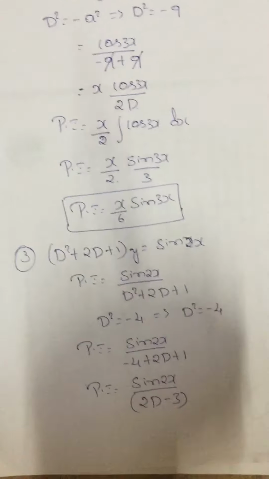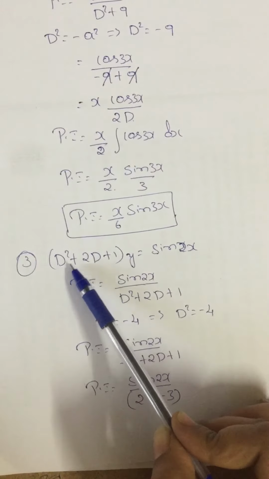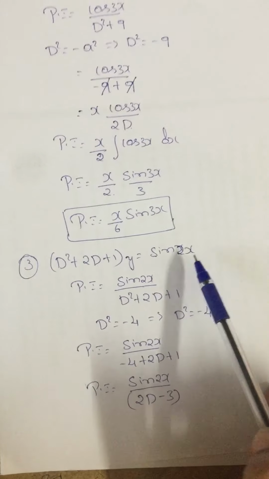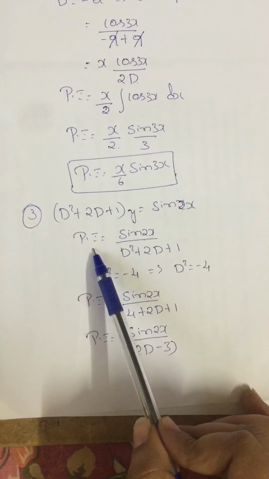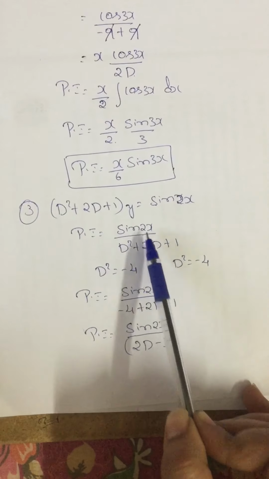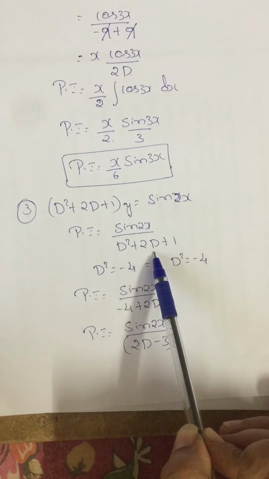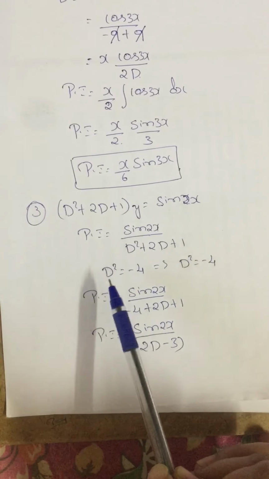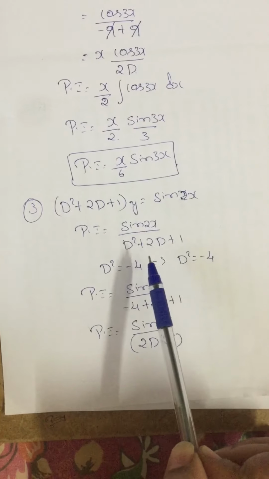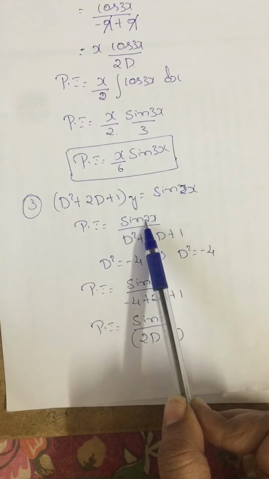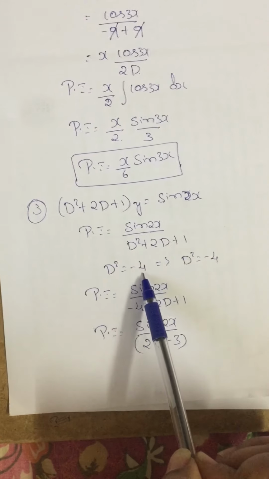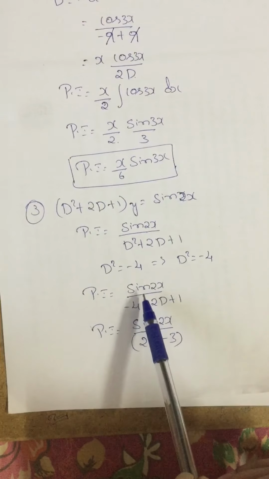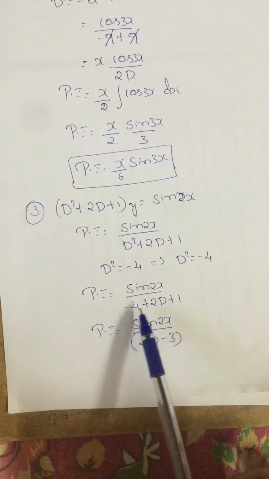Let us take another example: d square plus 2d plus 1 of y is equal to sin 2x. The particular integral can be written as sin 2x divided by d square plus 2d plus 1.